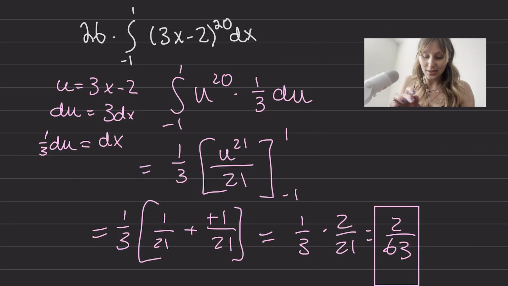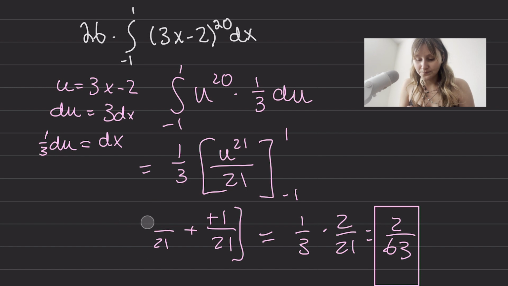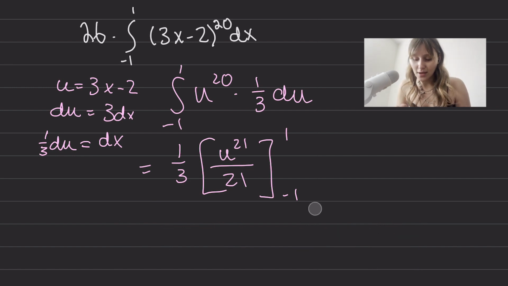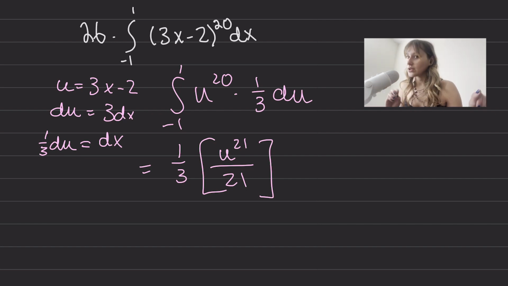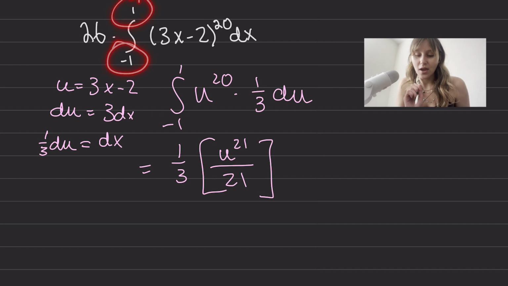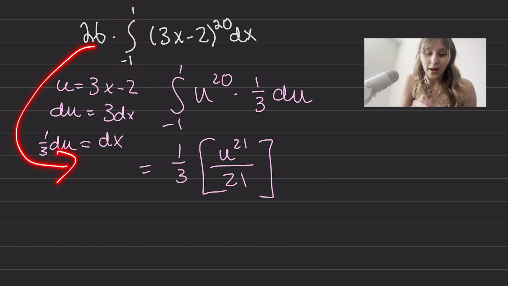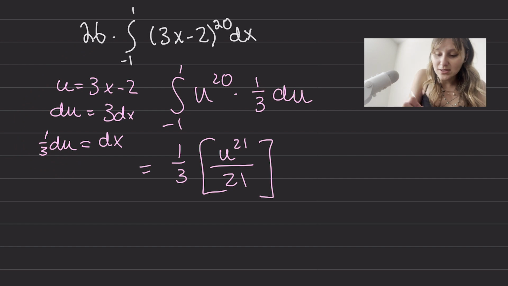All right, so I made a mistake. Don't hate me. Let me fix it. First of all, we got the integral right, but what did we do wrong? We forgot to convert the original limits to our u. So these are x's, right?